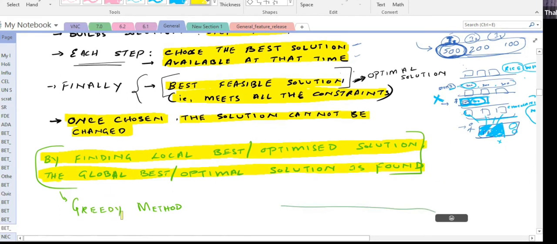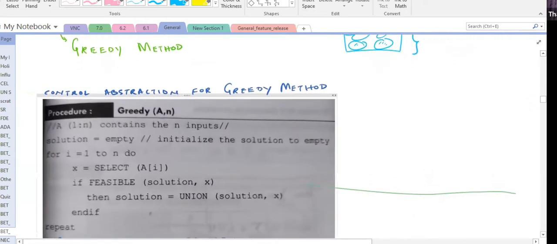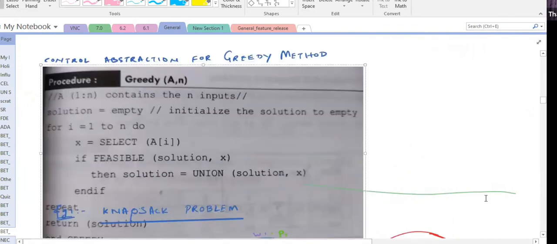Okay, the greedy method says that by finding locally best solution, you will eventually come up with a globally best solution. If you have understood what we explained, you should be able to do this control abstraction. Control abstraction, we saw, means how do you define greedy method like an algorithm, right?